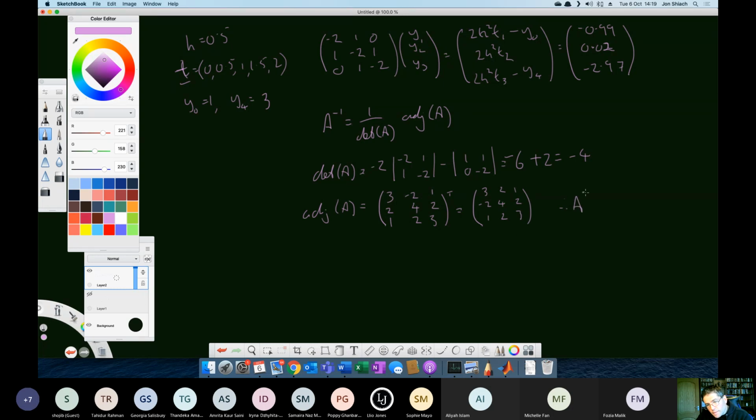So therefore our inverse is minus 1/4 times the adjoint.